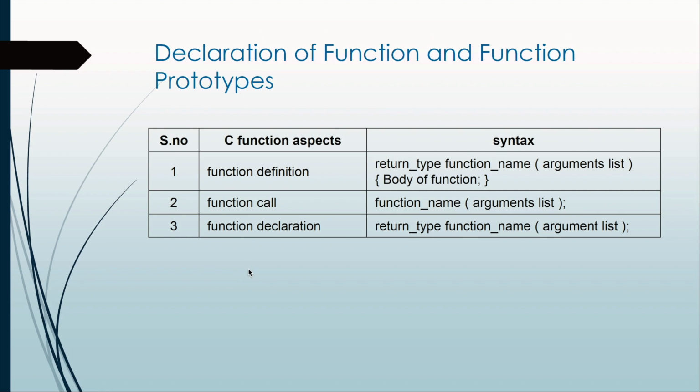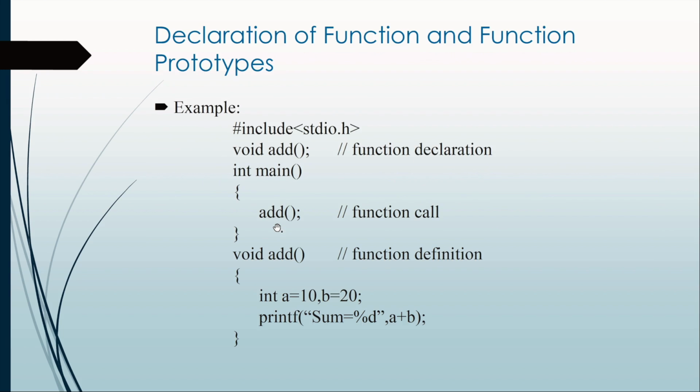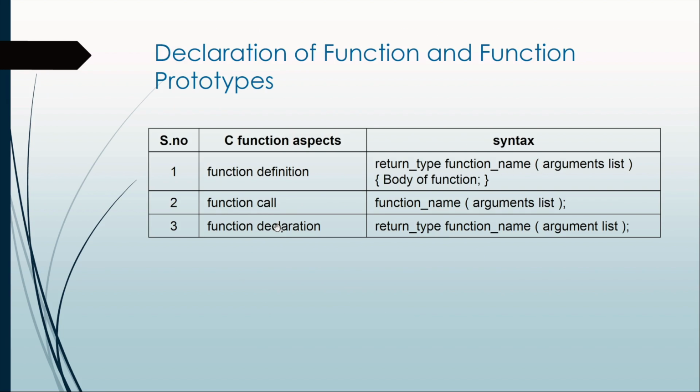There are three important things whenever you use a function in your program: function definition, function call, and function declaration. The function declaration should be done before the function definition, and the function call is necessary inside your main function to call the function.